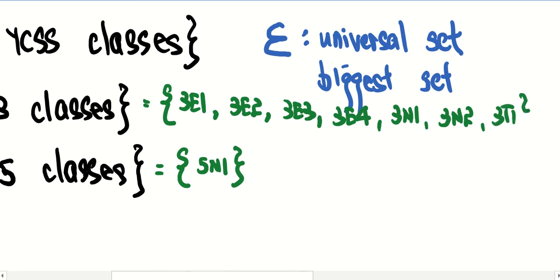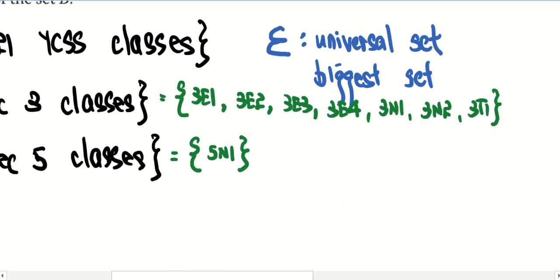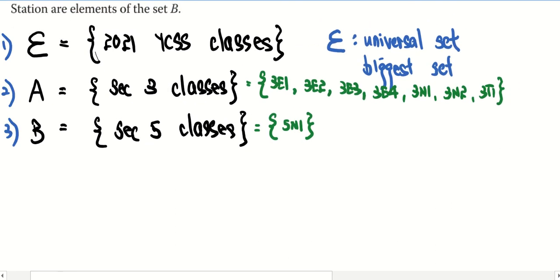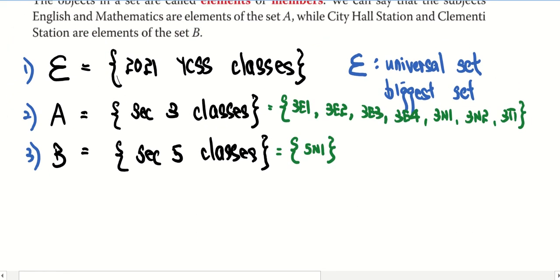Then once you finish, you close the bracket again. Can you see that now? Okay, so what I've done so far is telling you what are the set. After I tell you what are the set, I list down the members, or otherwise known as the elements.